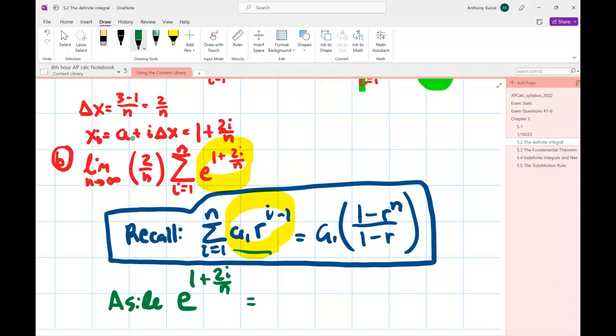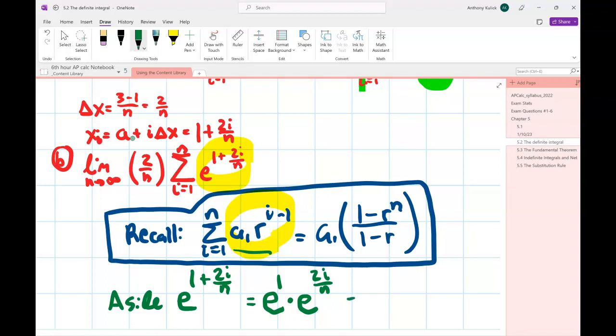So I'm going to get rid of the 1 plus that's inside the exponent. I remember when I multiply two numbers with the same base, I add their exponents. So I can rewrite this as e to the first times e to the 2i over n. That gets the 1 out of the exponent for me. Everybody's okay with that?